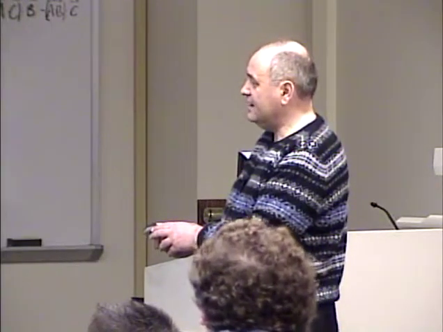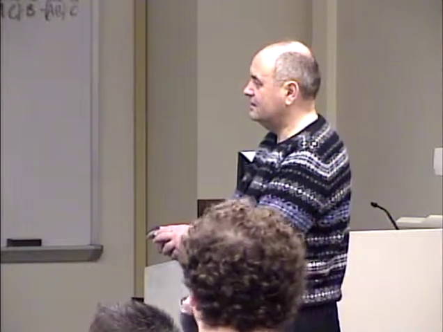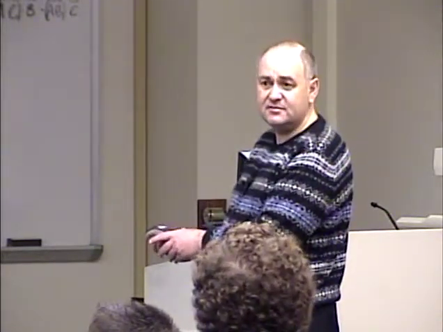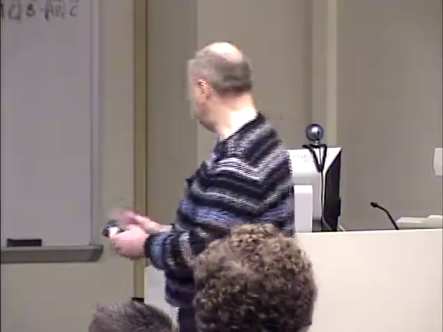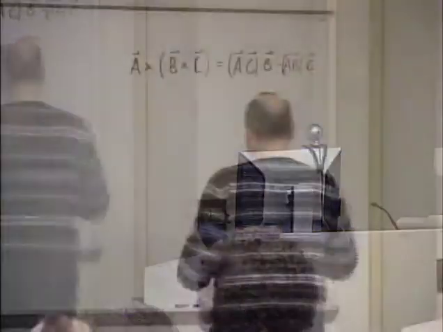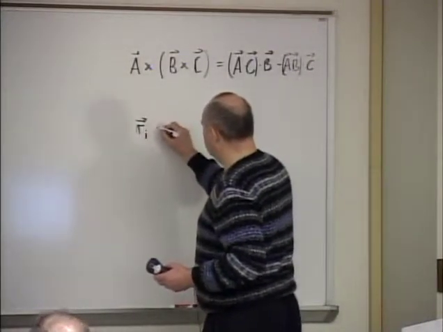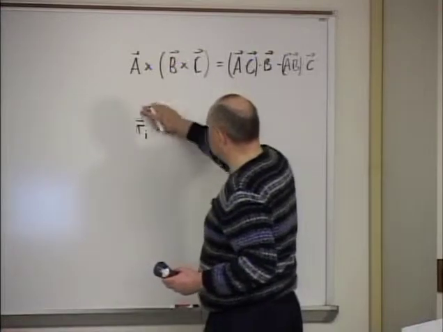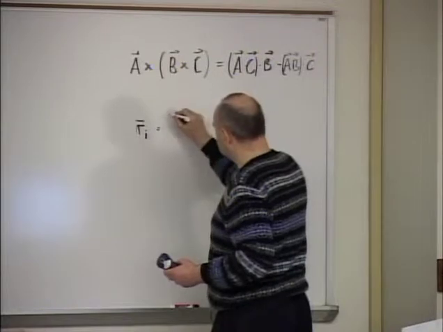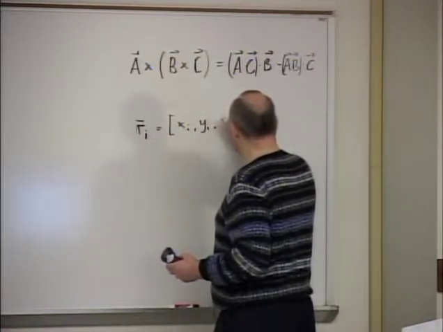Now I have to find this scalar product. Vector Ri has components xi, yi, zi.